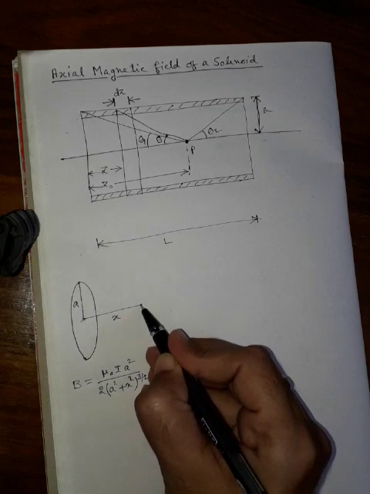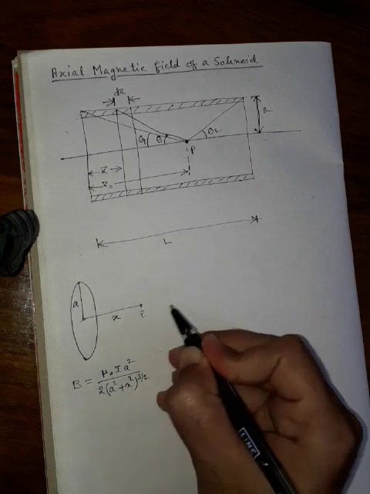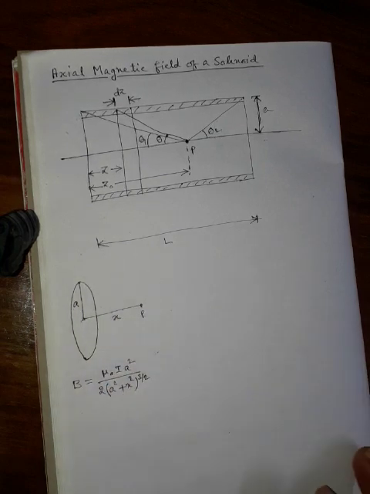We have derived the expression for the magnetic field at a distant point, say P, for a current carrying loop.